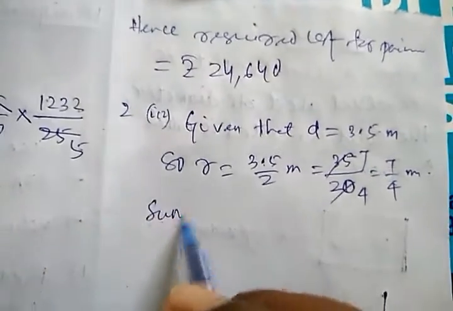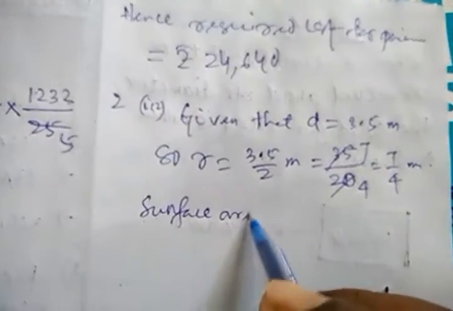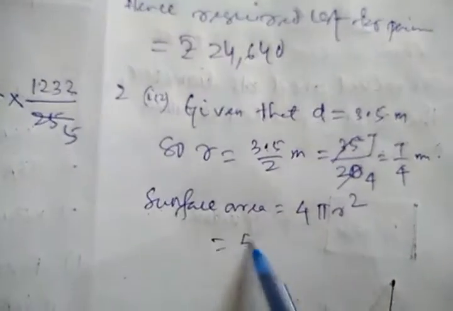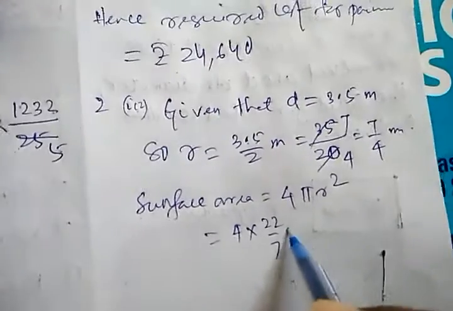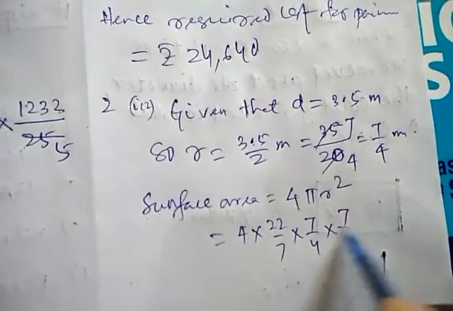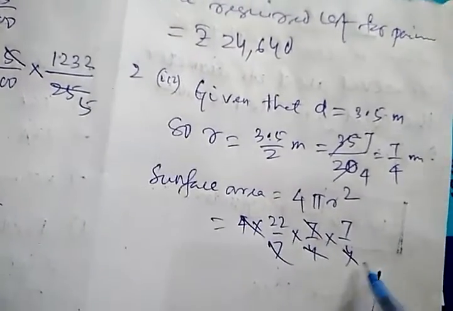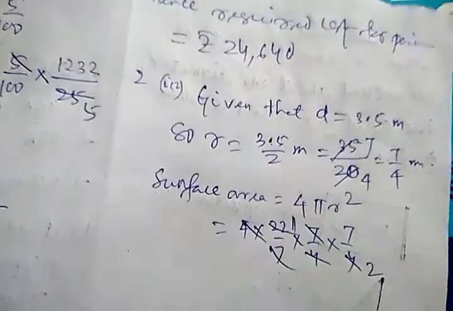Then surface area equals 4 pi r square. So that is 4 into 22 by 7 into 7 by 4 into 7 by 4. So 7 7 cancel, 4 4 cancel, 2 2s are 2, 11 remains.